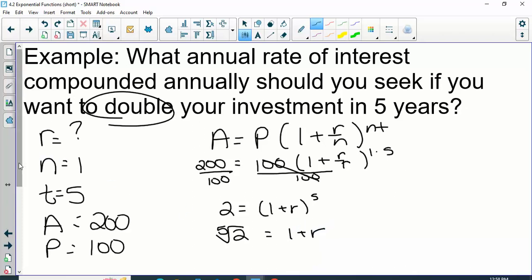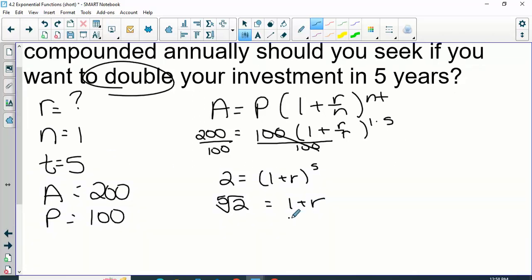And then to get R by itself, we would subtract 1. So the 5th root of 2 minus 1. So we would need 14.87%.